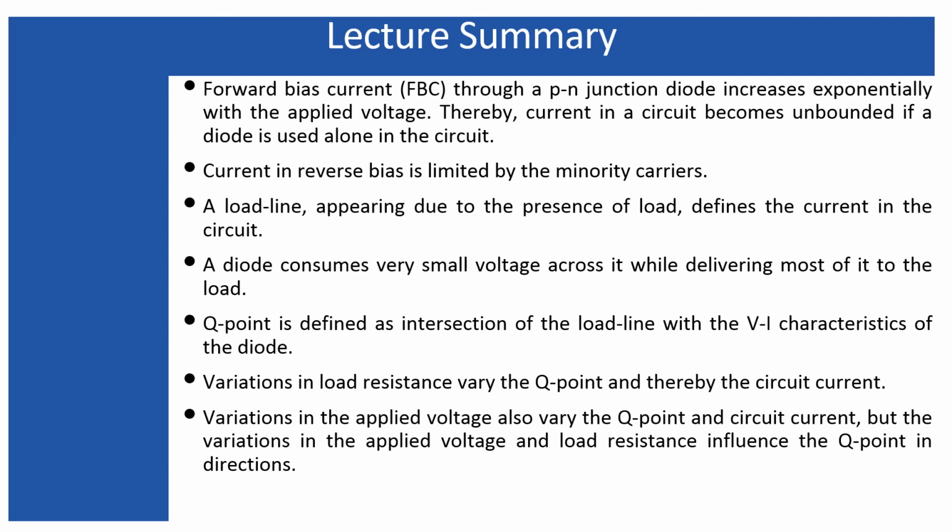That means we can bias the circuit prior to the variation of the AC signal, and we can shift the AC signal to vary around a particular section of the Vi characteristics, as I have explained using my animation. And as a result, we can avoid the AC signal putting the diode in reverse bias.